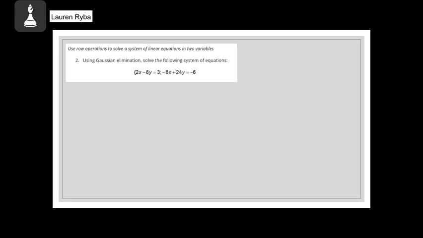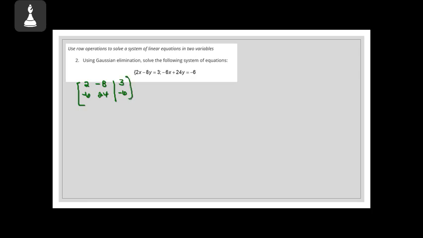All right, so our first problem we're going to use Gaussian elimination for is 2x minus 8y equals 3 and negative 6x plus 24y equals negative 6. So the first thing I'm going to do is turn this into a matrix. So 2, negative 8, 3, negative 6, 24, and negative 6.